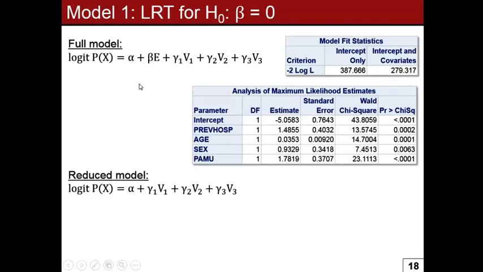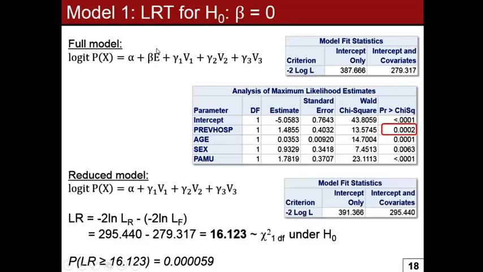And the reduced model that's of interest for understanding the significance of the exposure, the odds ratio associated with exposure, beta, looks like this. It's a model that has just the confounder terms and the intercept. Remember, the point of the likelihood ratio test is to say, does the likelihood meaningfully and significantly change when we drop the thing of interest, and the thing of interest is beta, the exposure.